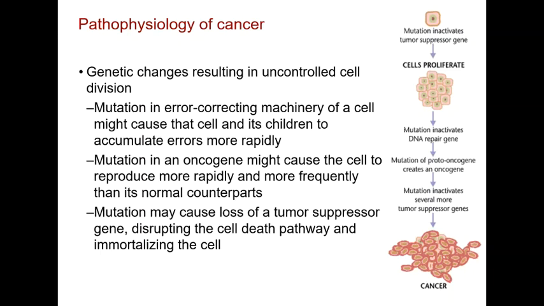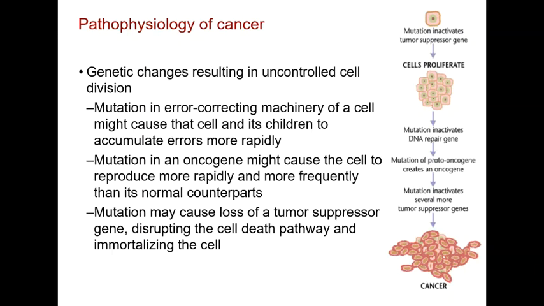Then the third thing that can happen is that a mutation can cause loss of a tumor suppressor gene, disrupting the cell death pathway and immortalizing the cell. When the cells divide, there are always certain proteins which check the growth of cells. They arrest the cell growth. That is, once the required number of cells have been produced, the growth stops.